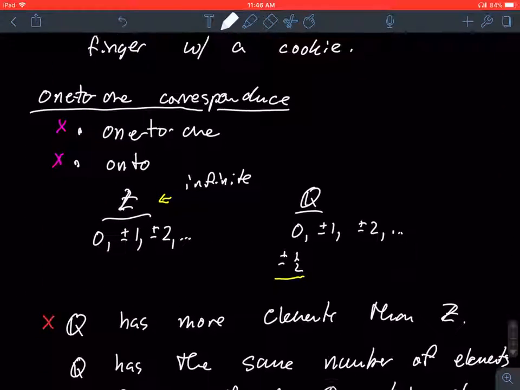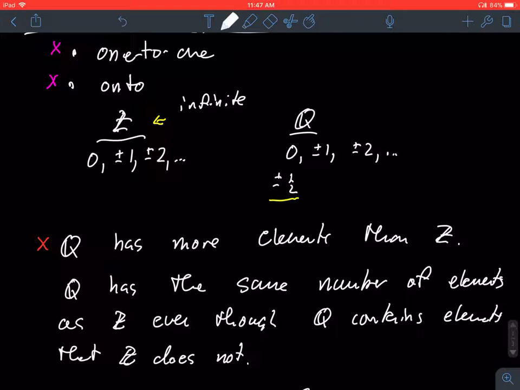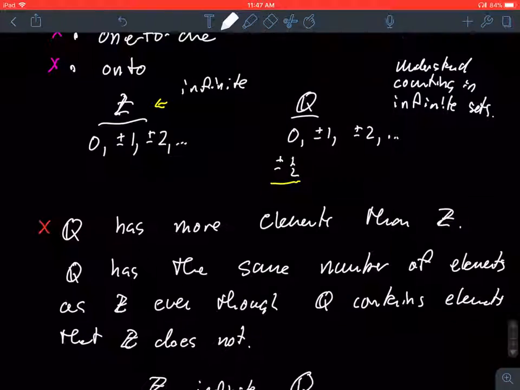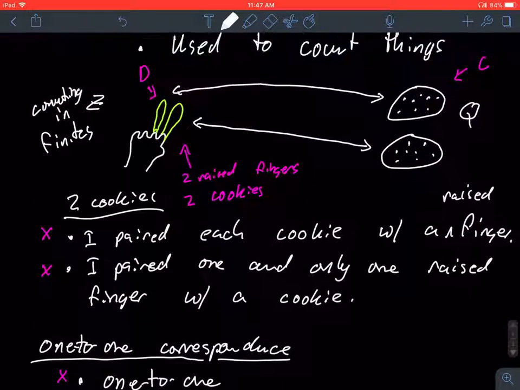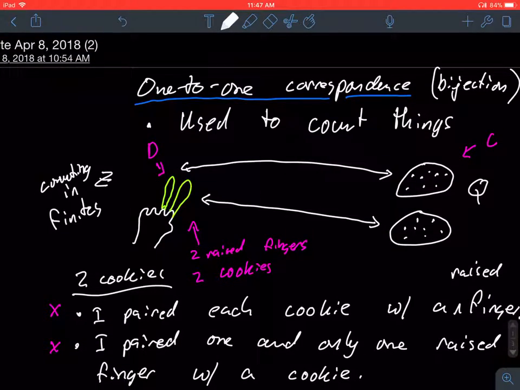And we use that to understand counting in infinite sets. Okay, and that's one of the ways that I view one-to-one correspondences.